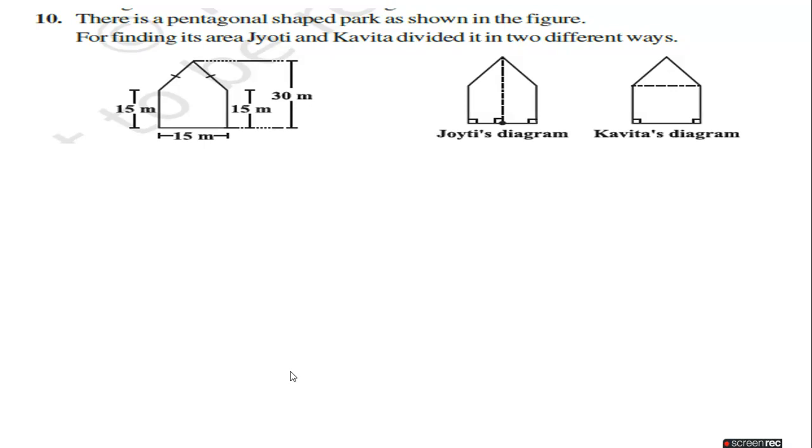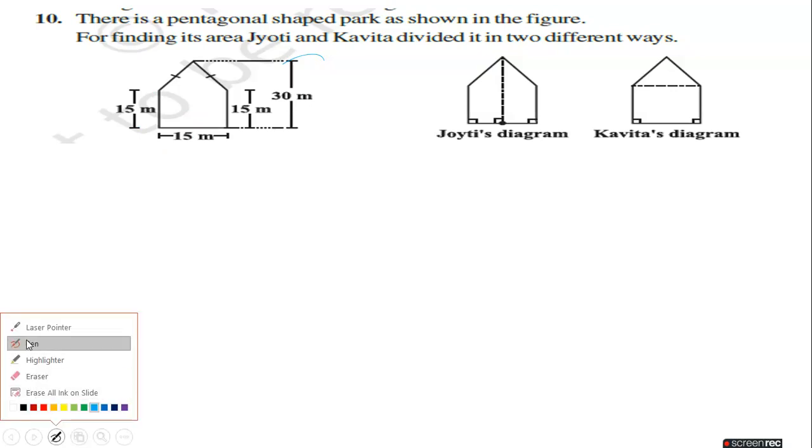A pentagonal shaped park is shown in the figure. For finding its area, Jyoti and Kavita divided it in two different ways. So this is the park actually.